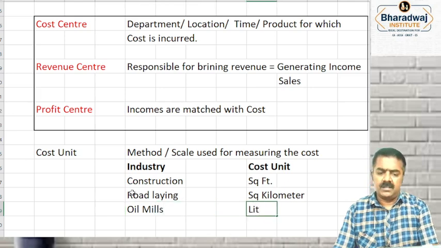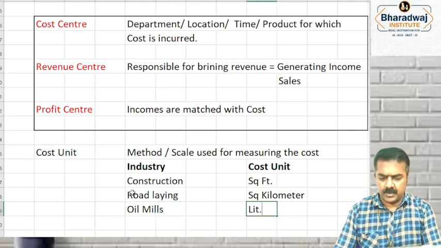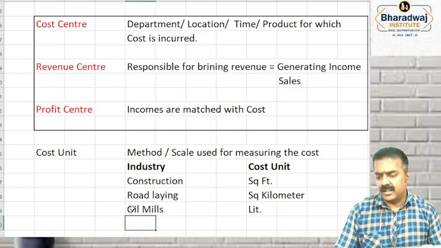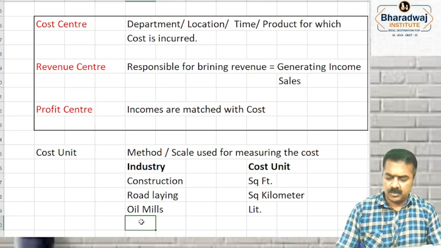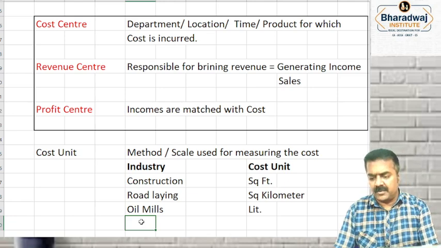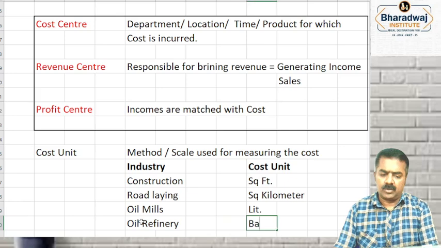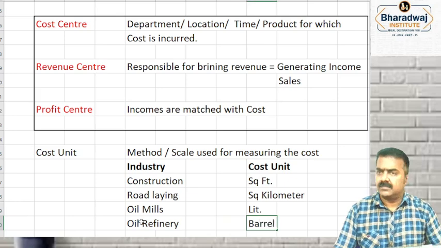Can be liter. Okay. What about crude oil refinery? They work out cost per barrel.